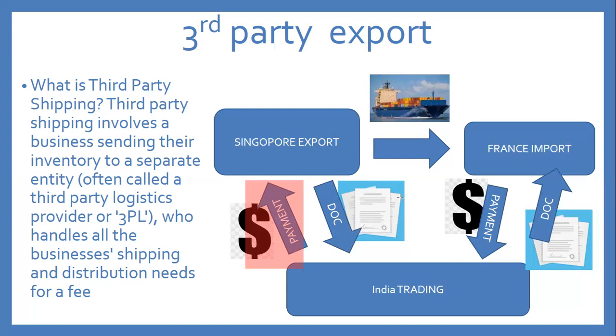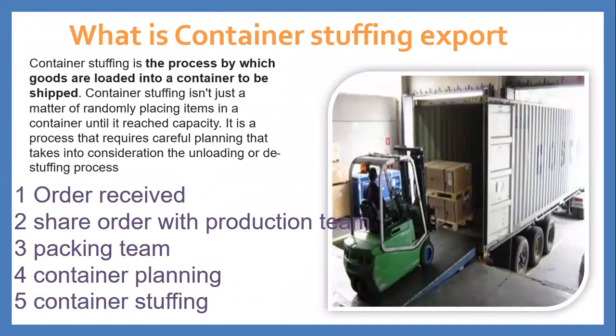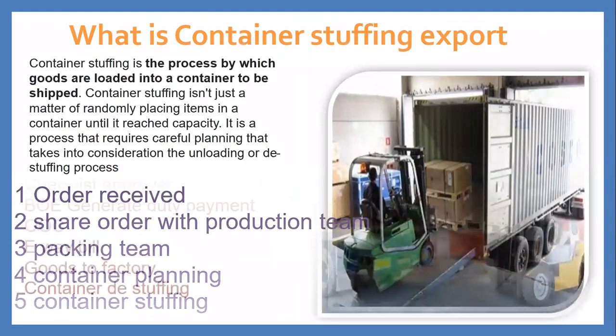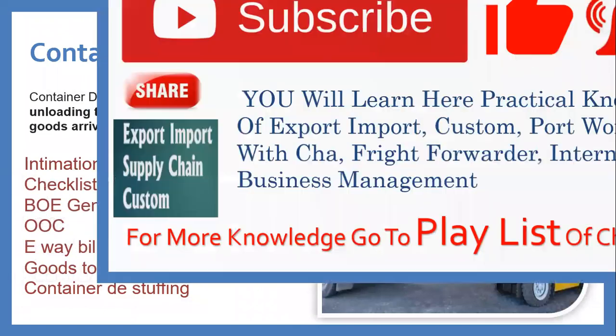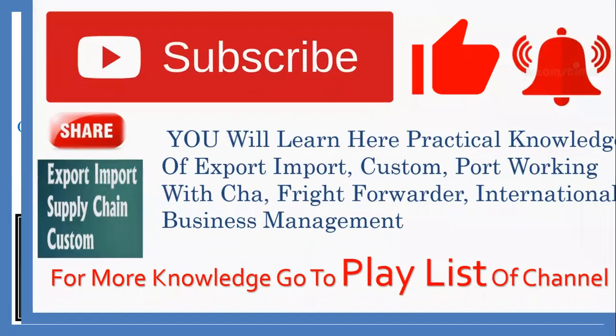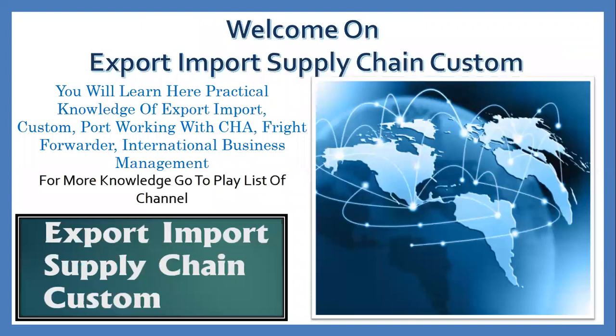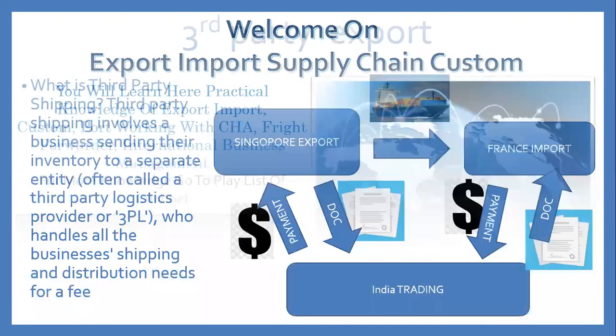Nowadays this process is mostly done by many countries, because if the goods are not available in our country, then we can source the goods from a third country and export to another country. This process is very easy, and you can easily earn margin on it. But the strong need is that you have to work under a letter of credit, so no payment insecurity will happen, and you receive the payment on time.